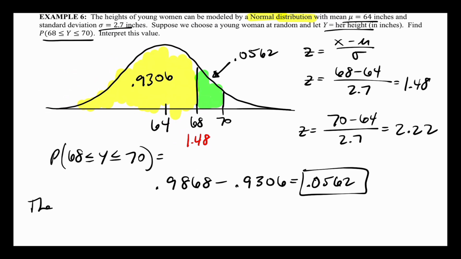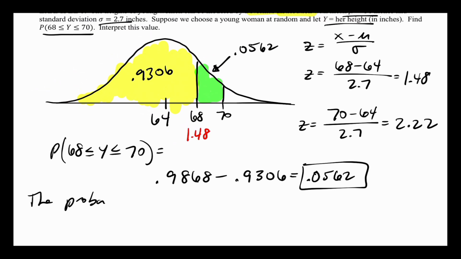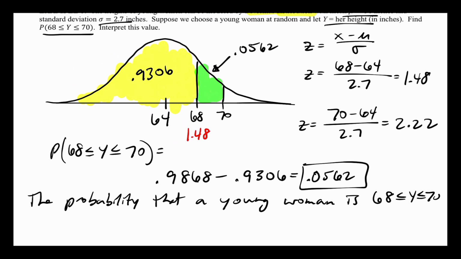The probability that a young woman is 68 to 70 inches tall is 0.0562. 68 inches, what is 68? 5'8"? 5'8" to 5'10"?